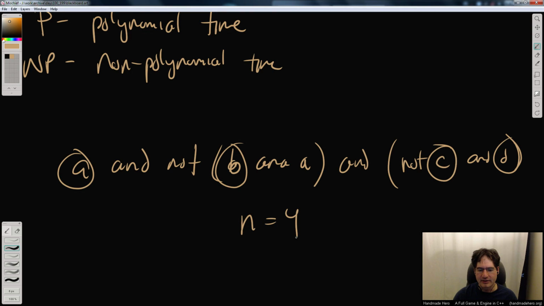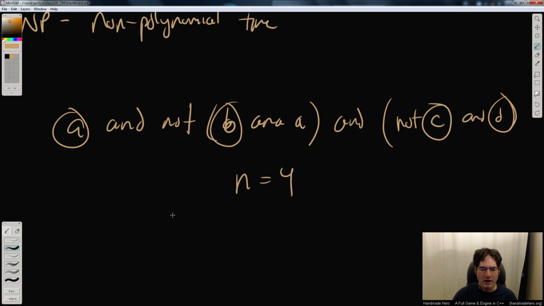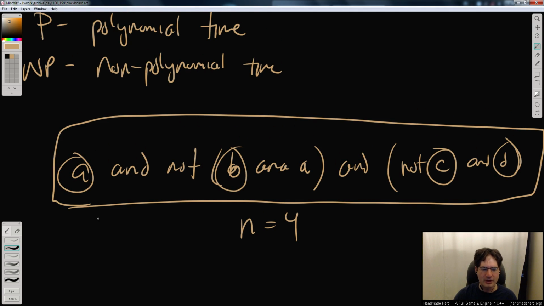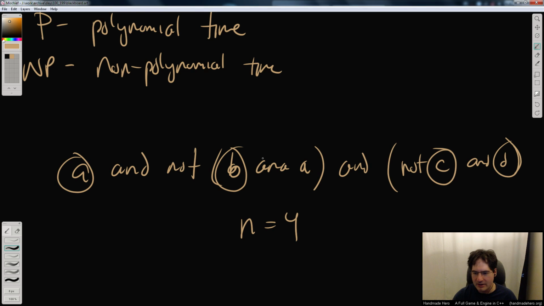That would be the n. The n equals 4 here. And the question is, if you were going to write some algorithm, tell me whether these inputs, which are Boolean and can only be true or false, can ever make this expression produce true.